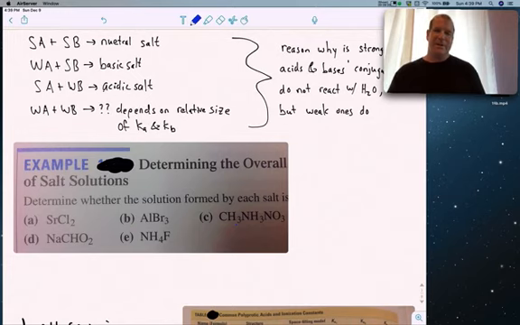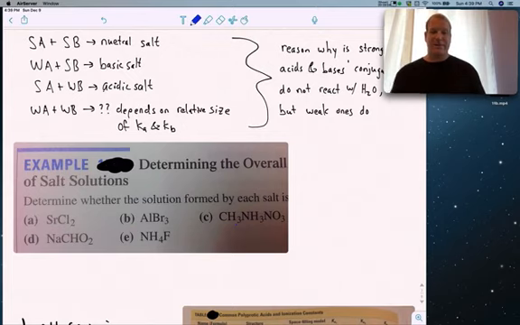The way I always remembered it was, if you have a weak acid but a strong base, it's so strong that the salt becomes basic, and a strong acid and a weak base, it's so strong that the salt becomes acidic. The real reason is that the weak acids and bases, their conjugates react with water, whereas the strong acids and bases do not.